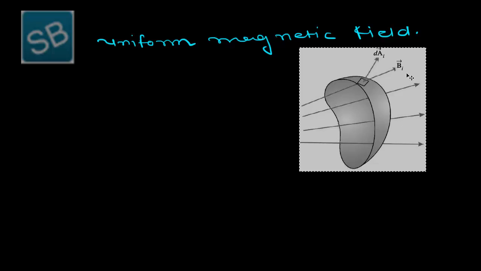So here a curved surface and non-uniform magnetic field is shown. Now, for such kind of magnetic field, we have taken the different cross-sectional areas. This is dA_i. So this is my dA3, dA2, dA1, any one you can consider.